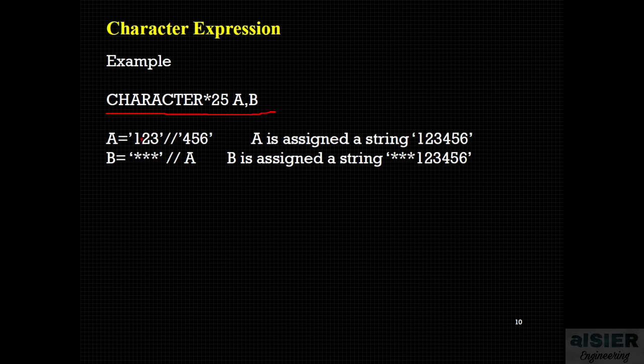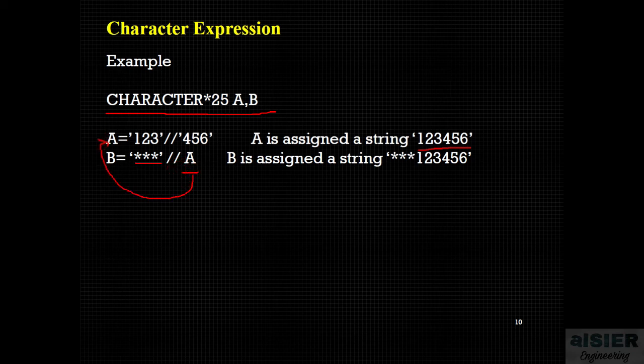Right? Now here it is written A is 123 // 456. What will it do? It will combine 123 and 456 and store it in A. So in A there will be 123456. Now in the second expression, B is equal to 3 times asterisk quoted with single quotes, double slash A. Now what is A?